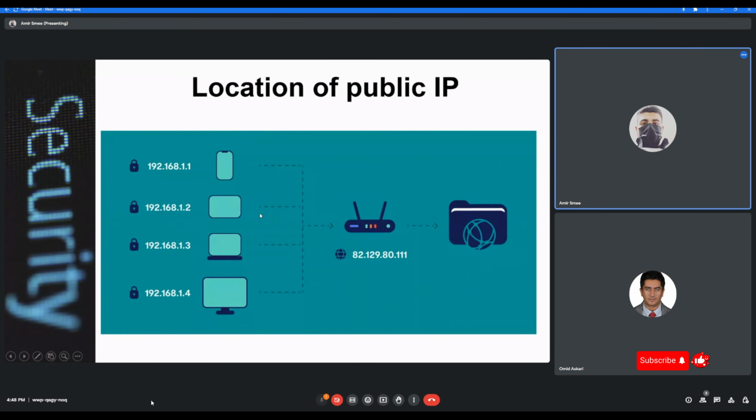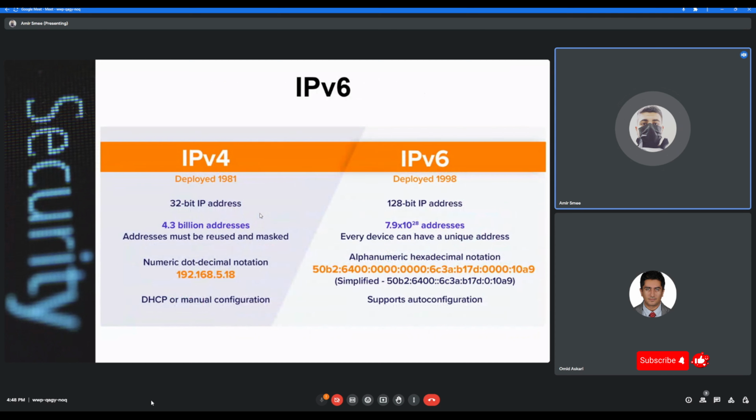IP version 6. You may have heard the name IP version 6 by now. The IP that we have been talking about so far was IP version 4, which consisted of 32 bits. It's interesting to know that IP version 4 has run out due to the expansion of the internet, because when they were creating the IP protocol, they didn't think that the internet could become so widespread one day.